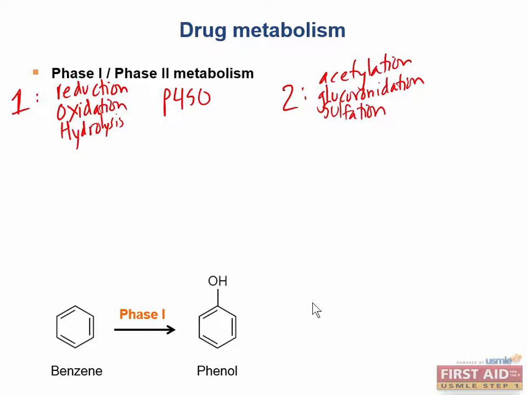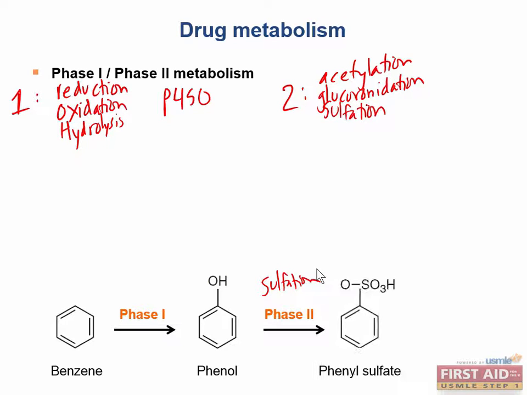The product of a phase 1 reaction is simply a modified version of the parent compound here. So next we have our phase 2 reactions take place. So a polar group is going to be added via sulfation. So let's add some sulfation under phase 2, and that's going to produce a polar inactive molecule that can then be excreted by the kidney. So we have our phenyl sulfate.